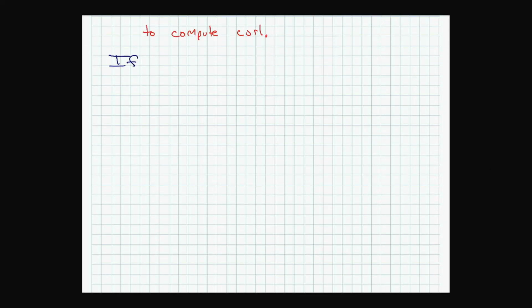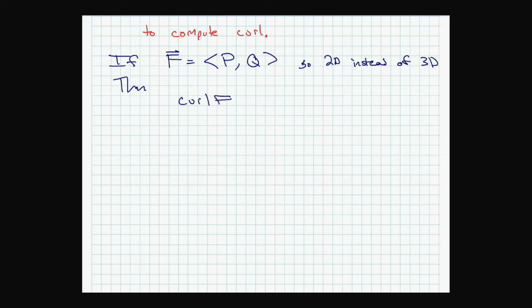So if F is just P and Q, so there's no R component, so 2D instead of 3D, then your curl F is equal to just Qx minus Py.